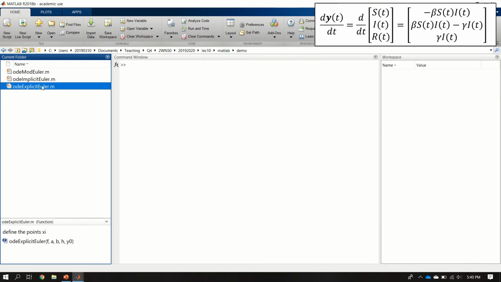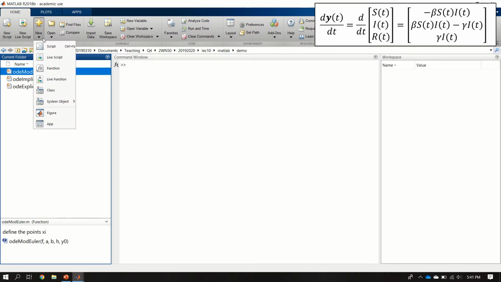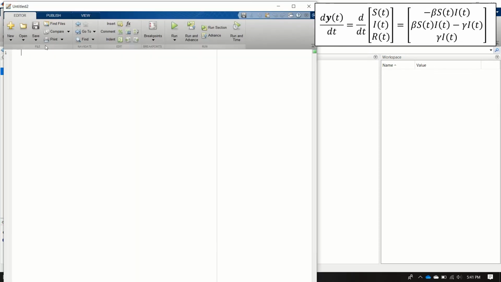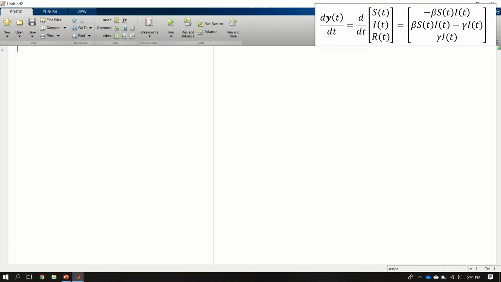We can choose either of these, but in this video I will use the modified Euler algorithm in order to solve the differential equations for an SIR model, in order to take a look at what happens in these epidemiological models. I will write this up in a script such that I can easily change some parameters later. And I open up this file.